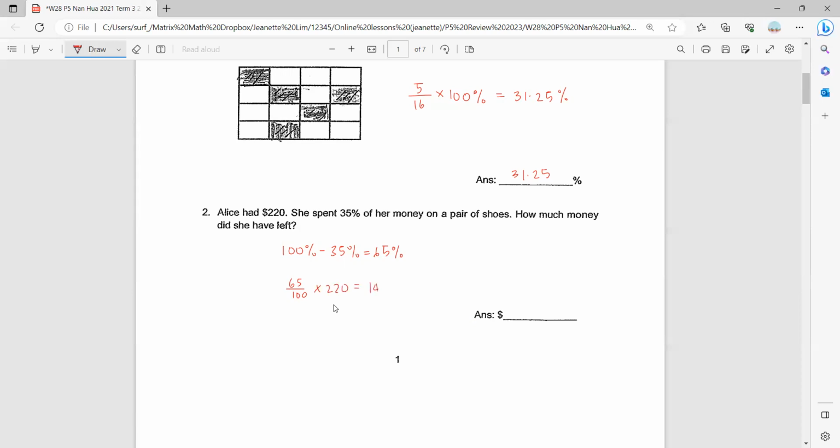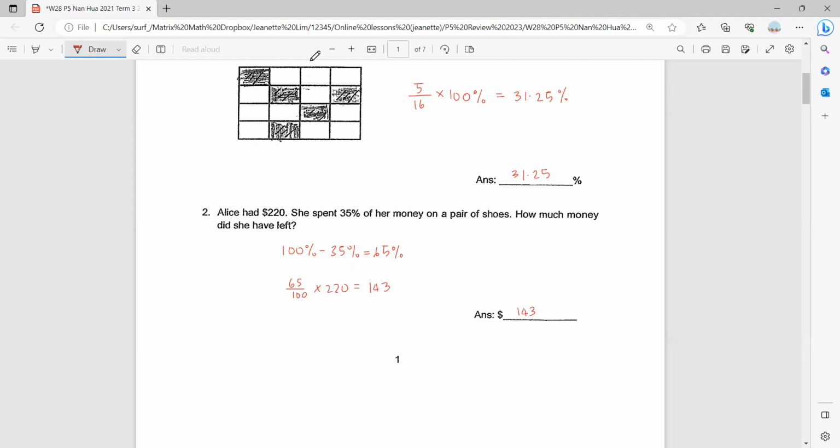Key into your calculator, you should get 143. So the answer is $143. Alternatively, you can also find 35% of 220. Then you take 220 minus that answer in order to find what is left.